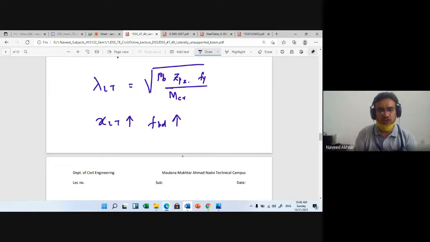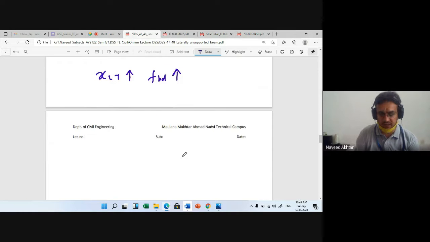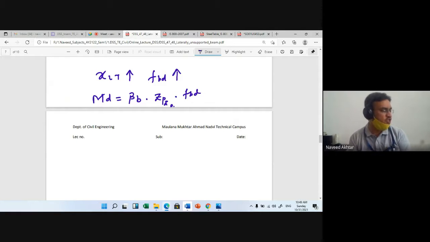Okay, so if you know the FBD, now we know all the values, we can find out MD, that is the design moment for a laterally unsupported beam: beta B, ZP, Z provided into FBD. This is the strength of section in bending.